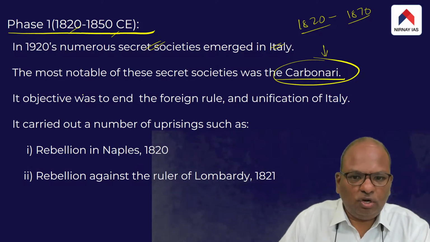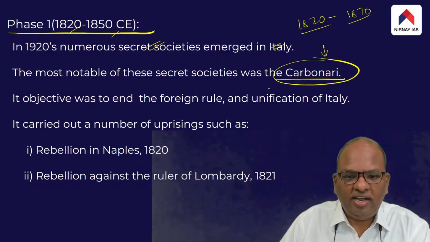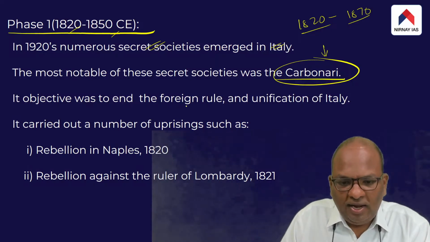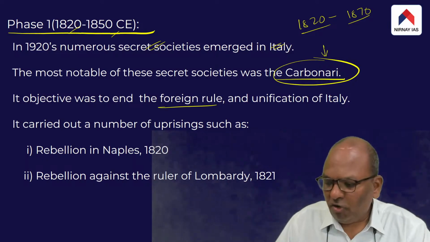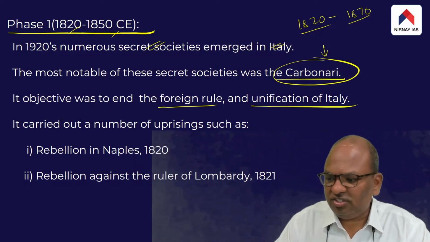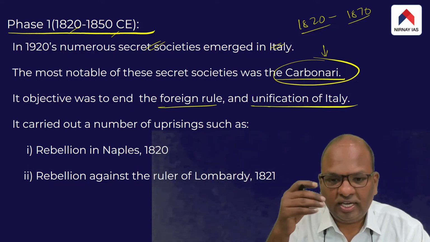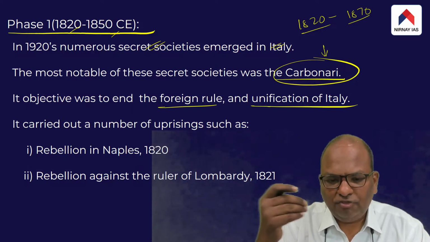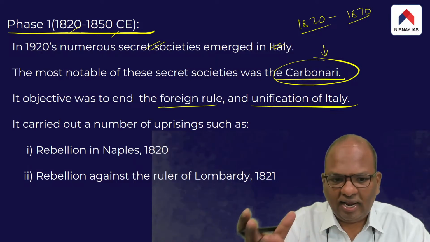The objective of this secret society Carbonari was to expel the foreigners out of Italy and achieve Italian unification. Basically, its objective was to end the foreign rule and unite Italy.